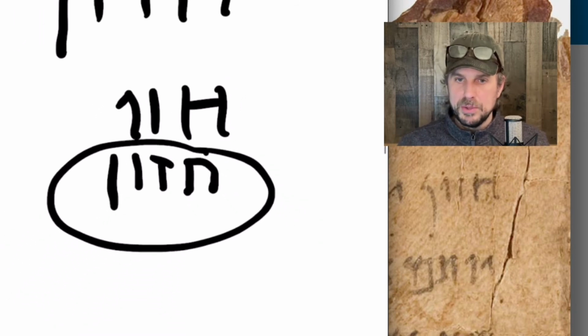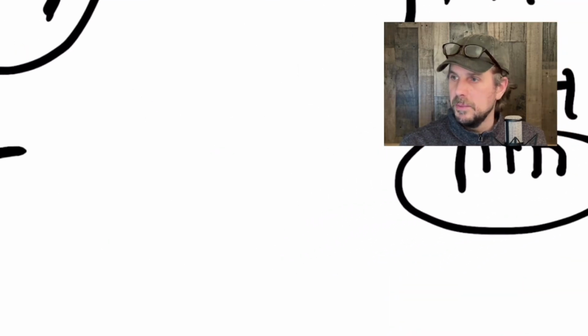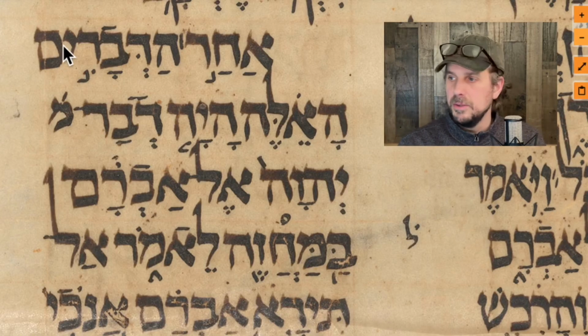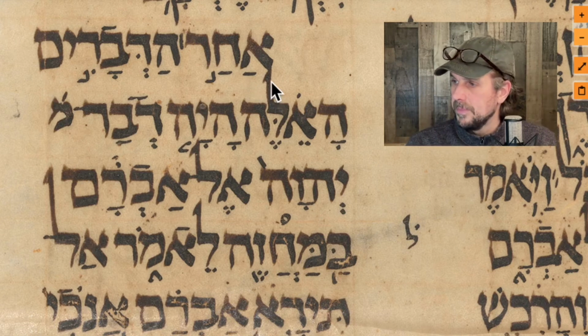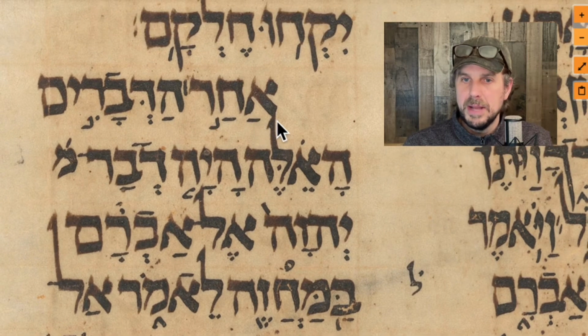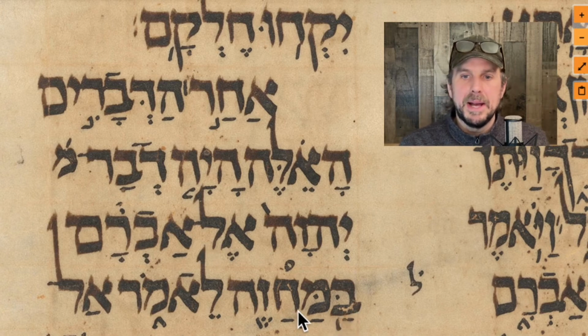How about the other text that we like to look at, which is the Washington Pentateuch? Here we are again at Genesis 15. Achar hadvarim ha'eleh. We see here, after these things, Hayah dvar Adonai el Avram b'machazeh. Machazeh, in a vision.